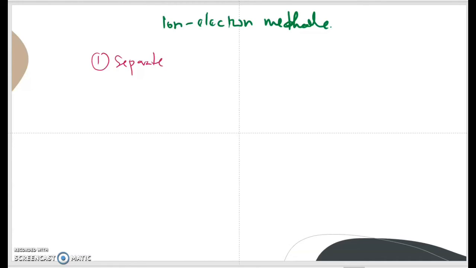How to balance in ion electron method. First, you have to separate, right? And then for each half equation, you have to balance the atom first. If you don't have enough oxygen, you add water.